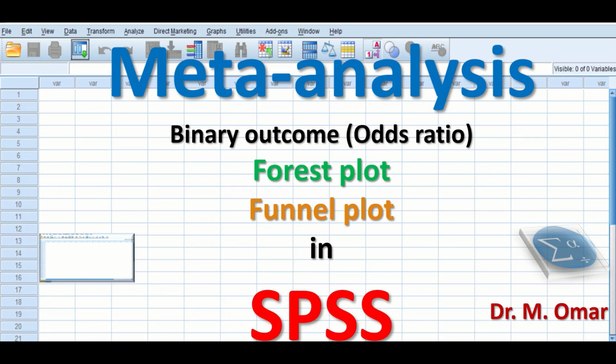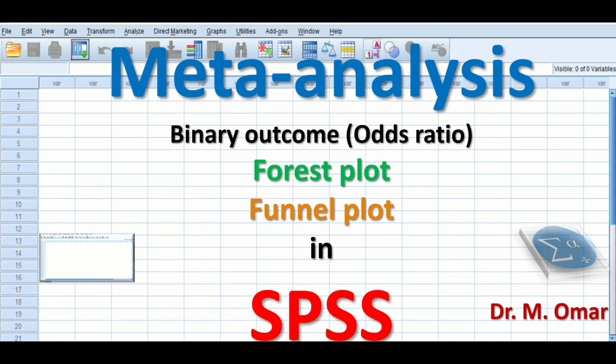So the heterogeneity test will measure the variability between the results from multiple studies, and this is performed in meta-analysis. If the value for I squared is equal to 0, then this indicates no heterogeneity. A value of 100% indicates maximum heterogeneity among the studies.